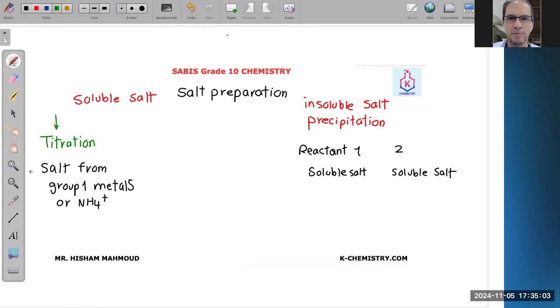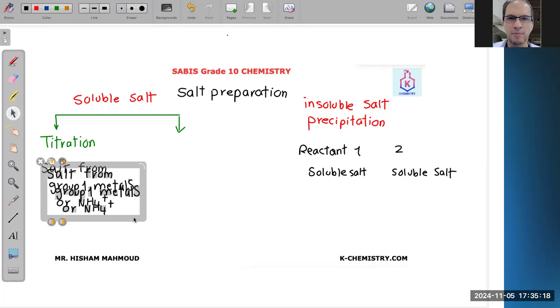And the other method, you will use it in case it is not from these types of salts. So it is neither from group 1 nor from NH4+. In this case, you will use the other method.